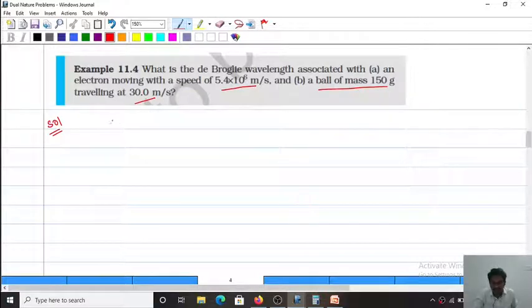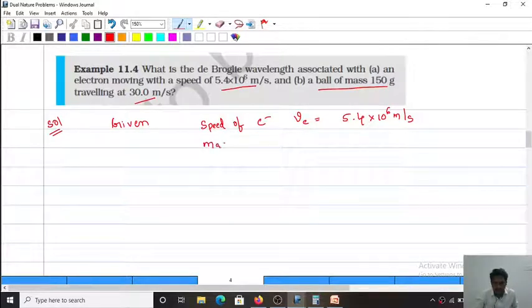First we will write the given data. Speed of electron, Ve equals 5.4 × 10^6 meter per second. It is moving with a large speed, almost 1/100th of the speed of light. And the mass of the ball is given as m equals 150 grams.